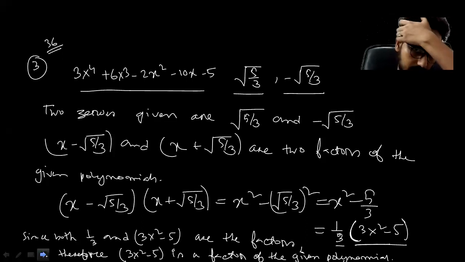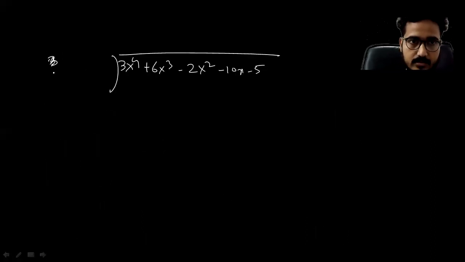Yes, now you have to divide this polynomial by 3x square minus 5. So I have to divide this by 3x square minus 5.